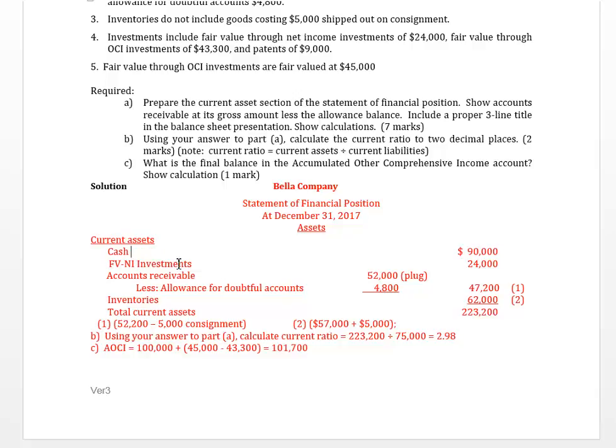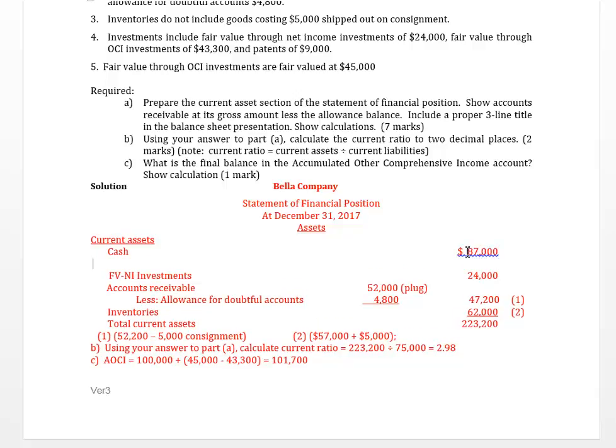Some other students, I think there might have been one, decided that they would set that up at $87,000 and not include the cash equivalent there, but then set up the cash equivalent separately underneath, which can be done as well. And you just set that up at $3,000, which would be fine. The cash and cash equivalent balance together would still be $90,000.